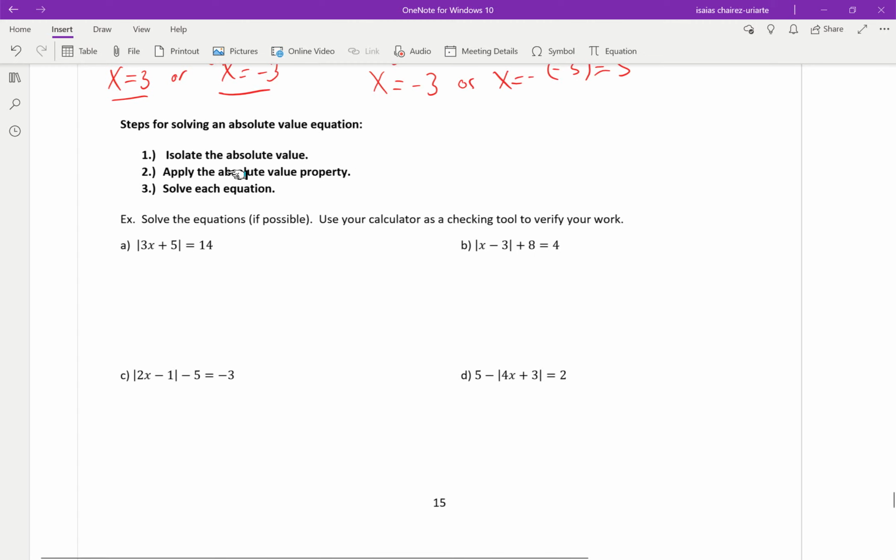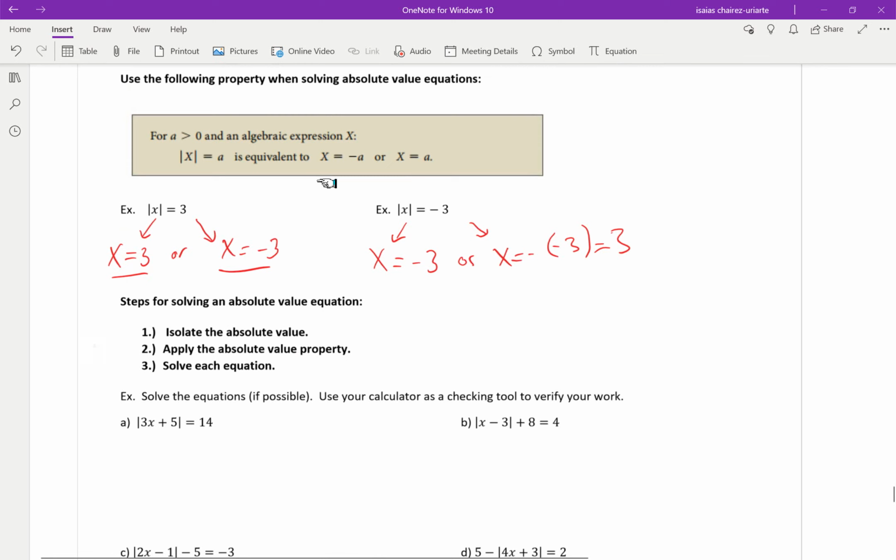Next, apply the absolute value property: you split the absolute value equation into two equations that do not have absolute values. Like the absolute value of x equals 3 splits into two simpler equations without absolute value. Then you solve each one of the simpler equations.